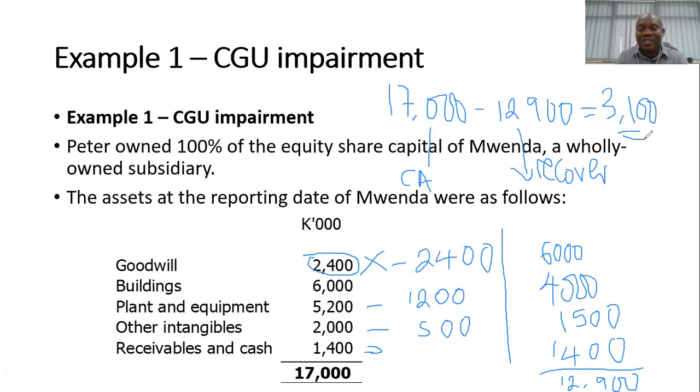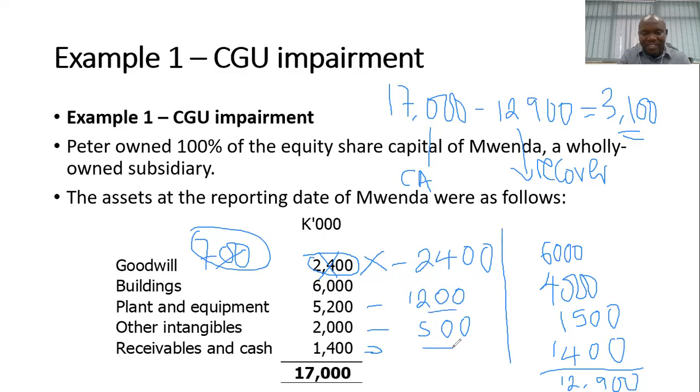So if this is what you're going to impair, where does it come from? If you look at this, it will come from here, meaning from the 3,100, 600, you remain with 700. First, you have your 1.2 that has gone.